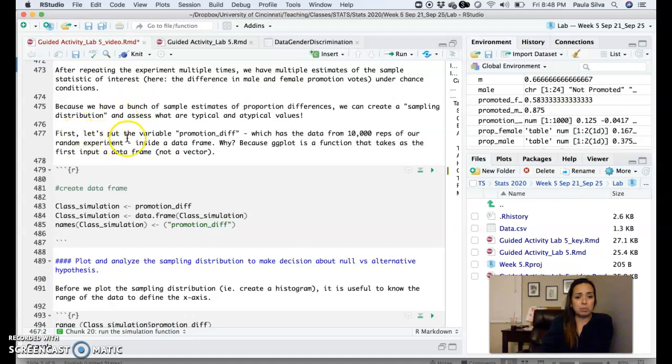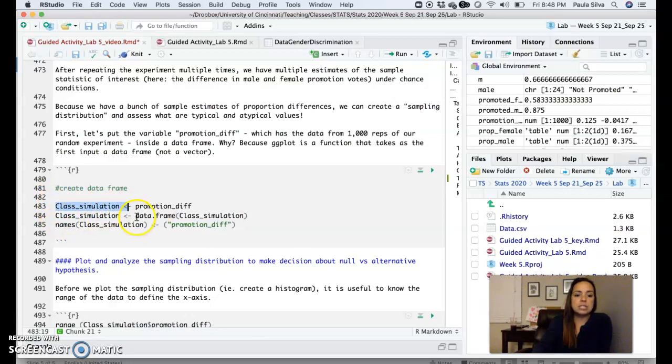First, let's put the variable promotion diff, which has the data from the 1,000 experiments, inside a data frame. Because ggplot is a function that takes as the first input, if you can remember, the data frame, not a vector. So we're going to put the promotion diff vector that has the 1,000 replications of the experiment inside an object called class simulation.